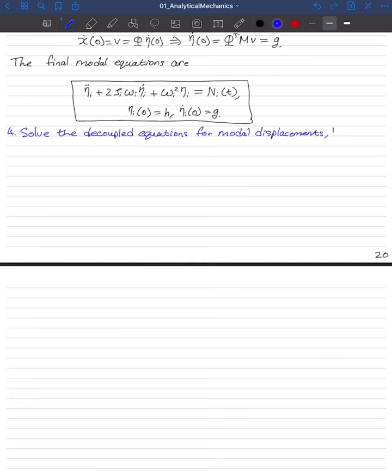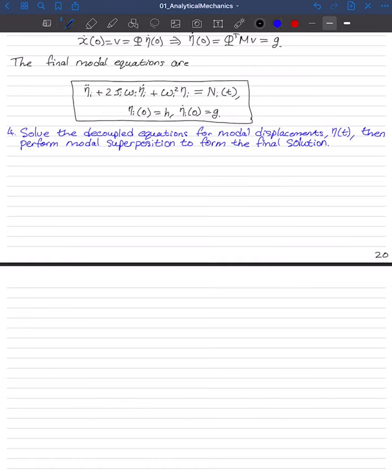These are the eta of t, and then we're going to perform modal superposition to form the final solution, which is x of t.